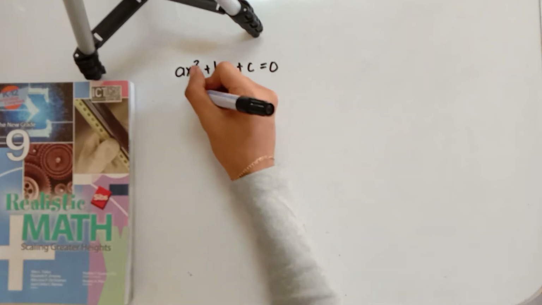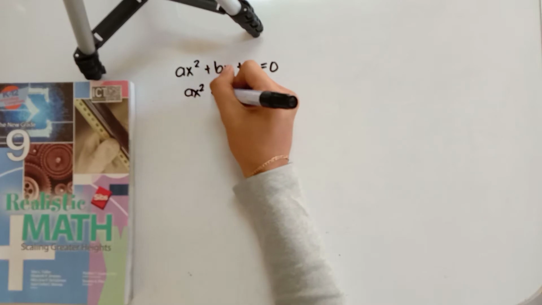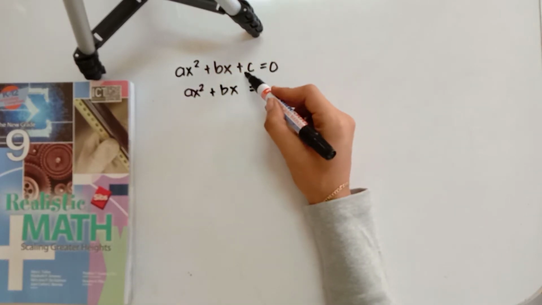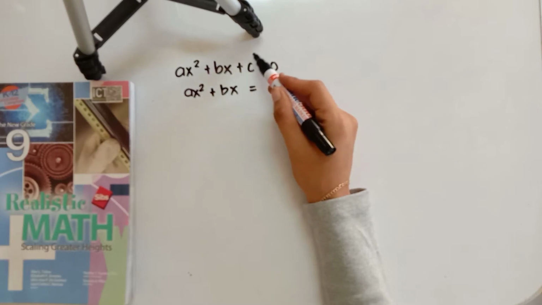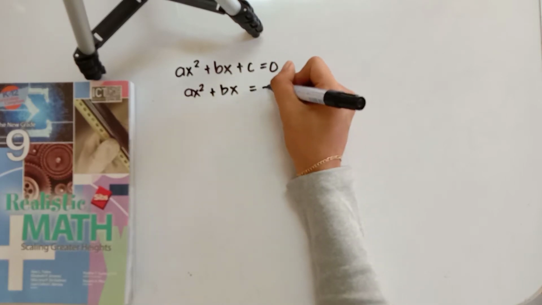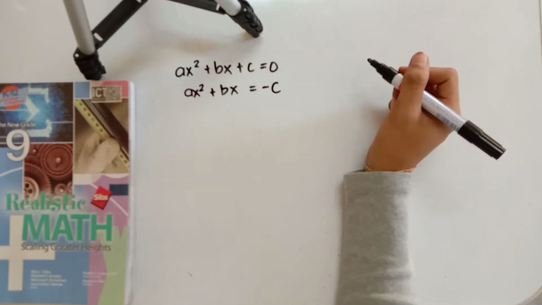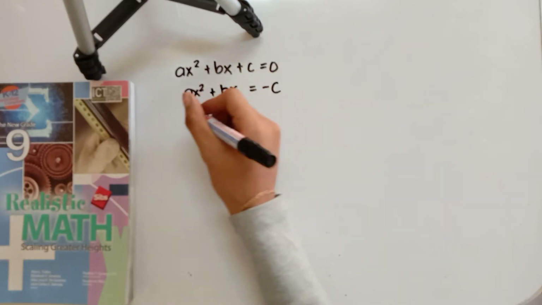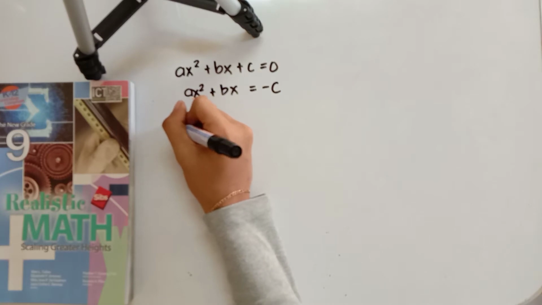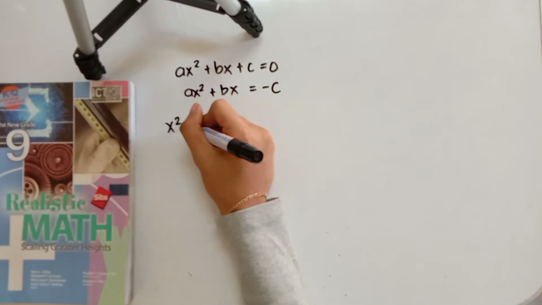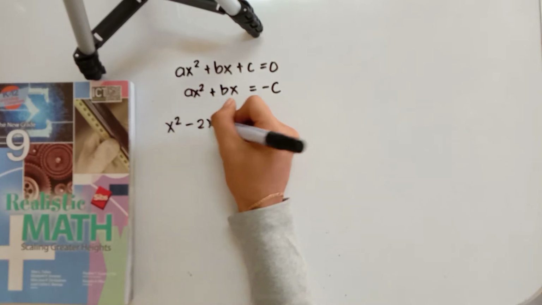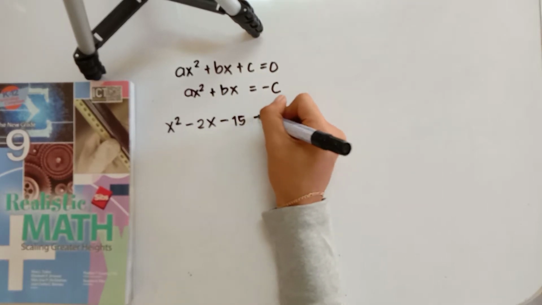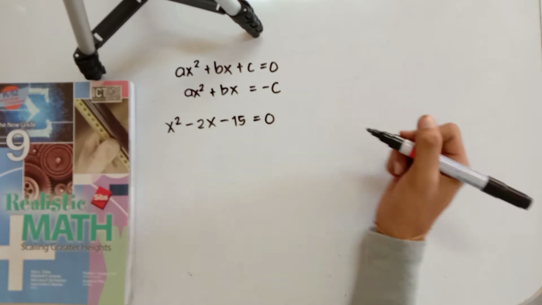So that becomes ax squared plus bx is equal to negative c, since the c was positive and is transferred to the right hand side. Let's try a given example using this: x squared minus 2x minus 15 is equal to 0.